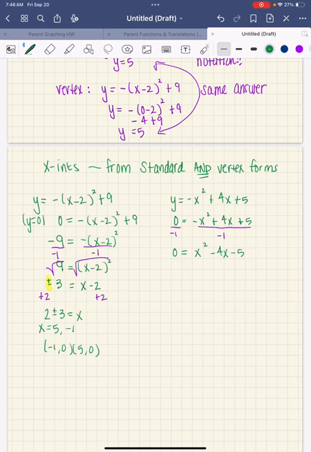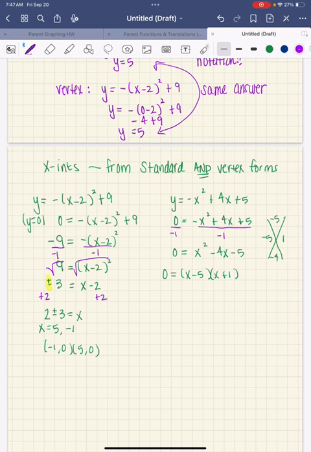And do your diamond or group or guess and check, whatever you want. Even I use the diamond occasionally to help me with my guess and checking. So when you factor it, you get (x minus 5)(x plus 1).